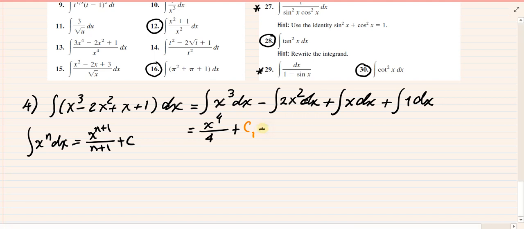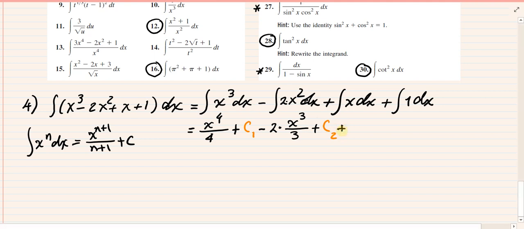I'm going to go minus. Next, I'm going to use rule 1 of integration. Bring the 2 out and take the integral of x squared. So n is now 2. The rule says this becomes x to the n plus 1, 3, divided by n plus 1. Plus, again, a family of antiderivatives means you have a constant out of this integral.